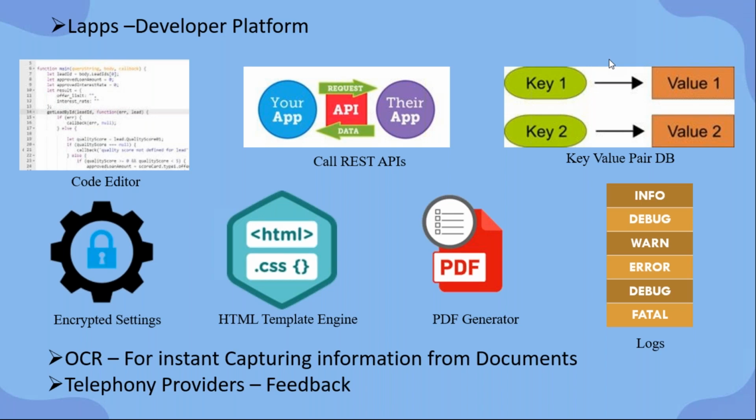To streamline the process, another example is optical character recognition, OCR. There are different vendors who provide OCR services, so we can integrate with them. Once you capture the image, the system will automatically capture the name, phone number, email ID, or any other details on your document.